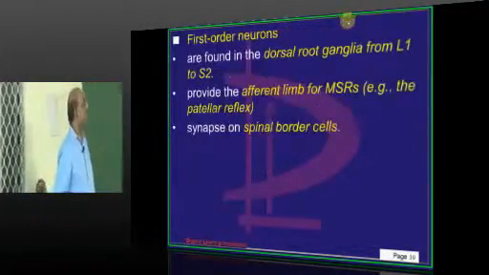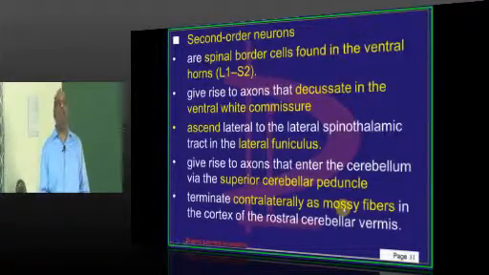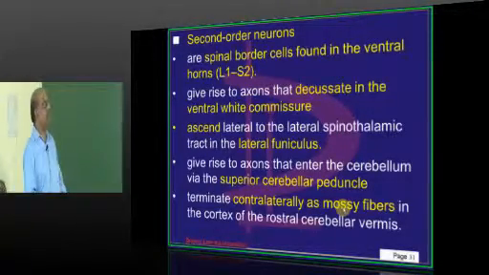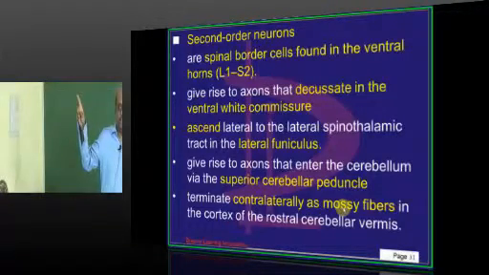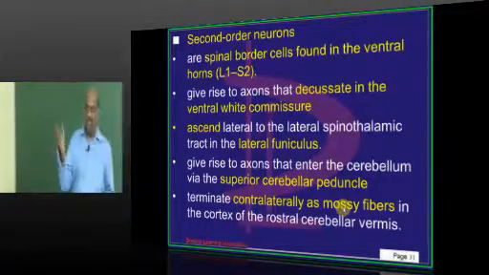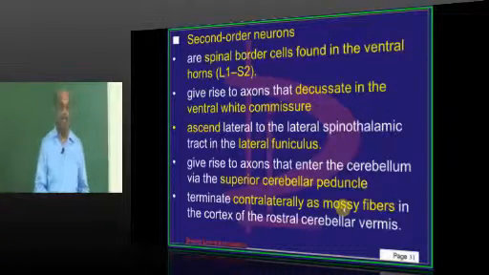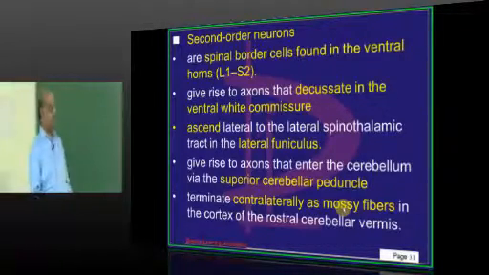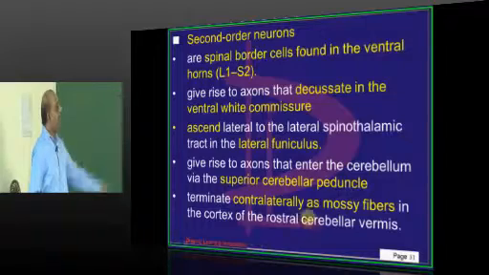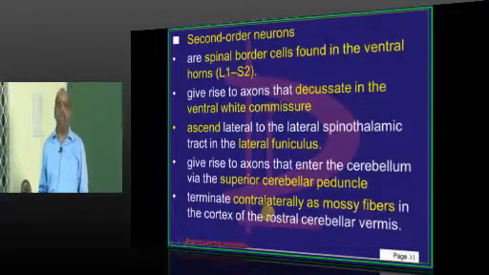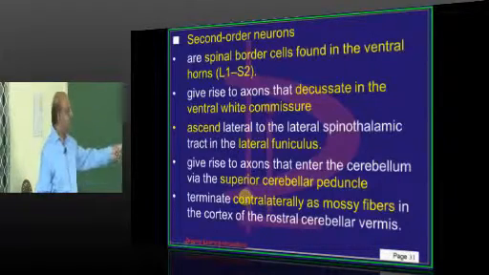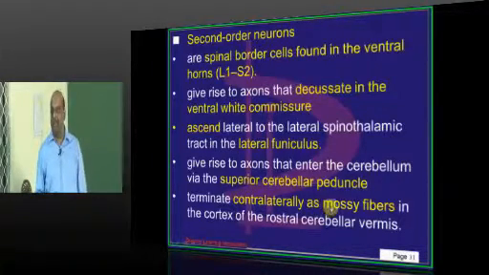Yeah, right. So the ventral spinocerebellar tract has second order neurons, we said, the spinal border cells, in our earlier topic. And where will they ultimately reach in the cerebellum? They don't pass through the inferior cerebellar peduncle; rather, they pass through the superior cerebellar peduncle.